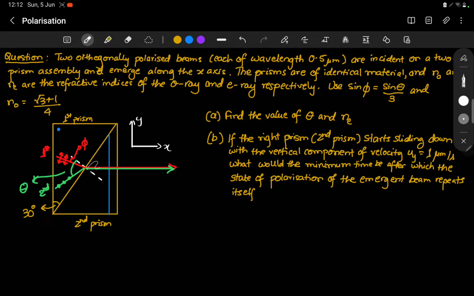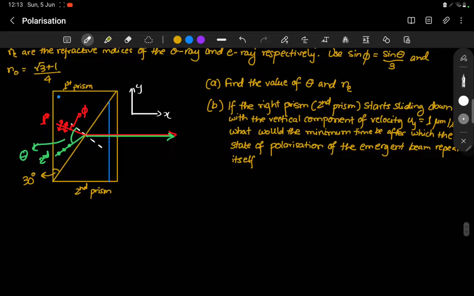They both hit the interface of the two prisms and then finally emerge along the x-axis. We are supposed to find the value of theta and NE, the refractive index for the extraordinary ray. In the next part, the second prism starts sliding along this interface to come down, and we are supposed to see what happens to the state of polarization and when it repeats. So let us start solving these parts one by one.